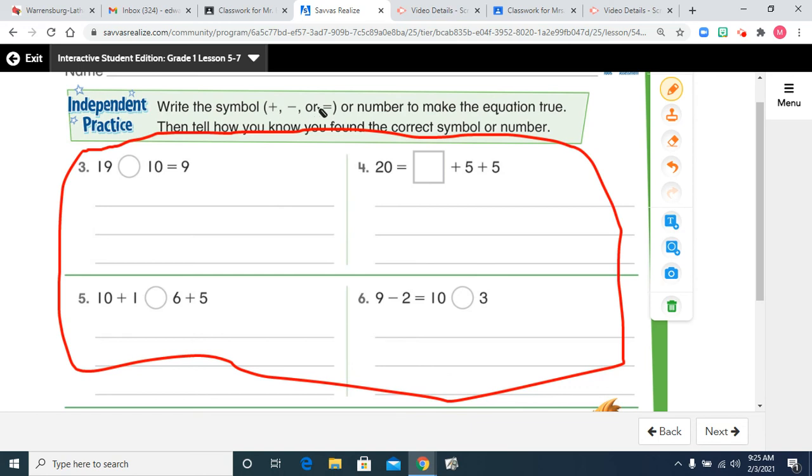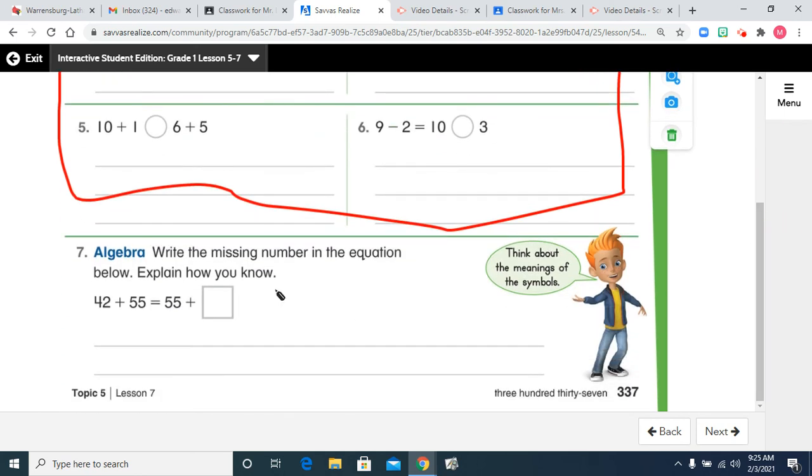And there's one where you'll need to use a number. Okay? But mostly symbols on this page. And then when you find the symbol or the number that goes in those blanks, please write a couple sentences that explain what you did. Just kind of like what we did on the page before. All right? The bottom part, if you want to do this, you can. It's totally up to you.